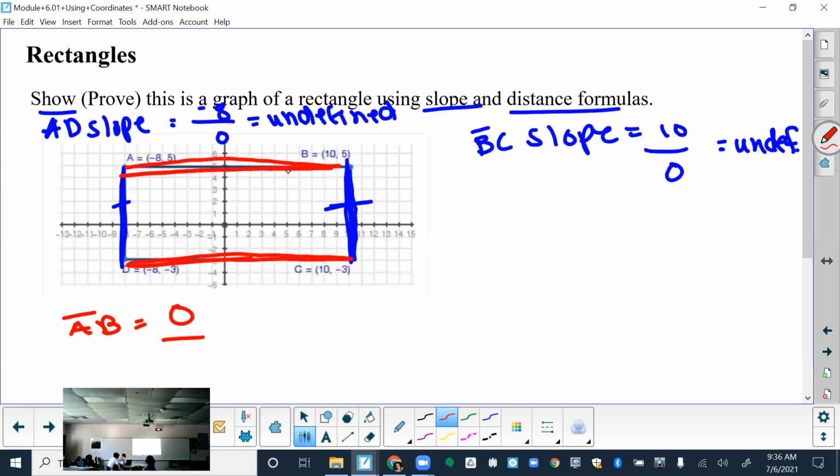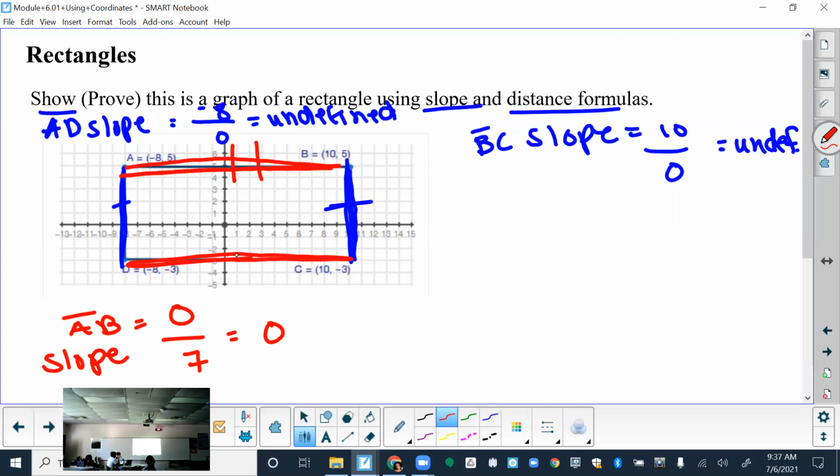I could put the y value for the run, but it doesn't really matter because 0 divided by any number is what? 0. So the line AB has a slope of 0. If I can prove that the line directly across from it is parallel to it, then I could say that it's a rectangle.